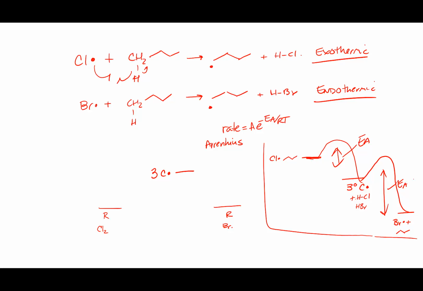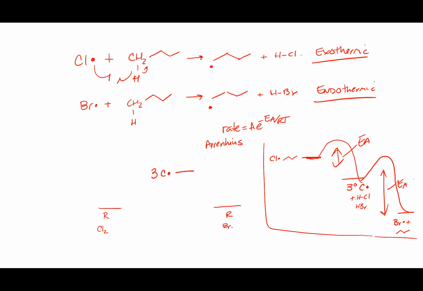We're looking at, why do you form a tertiary radical so much faster than a primary in bromination versus chlorination? So this just tells us, well, you form a radical faster in chlorination than bromination, and whoop-de-doo.